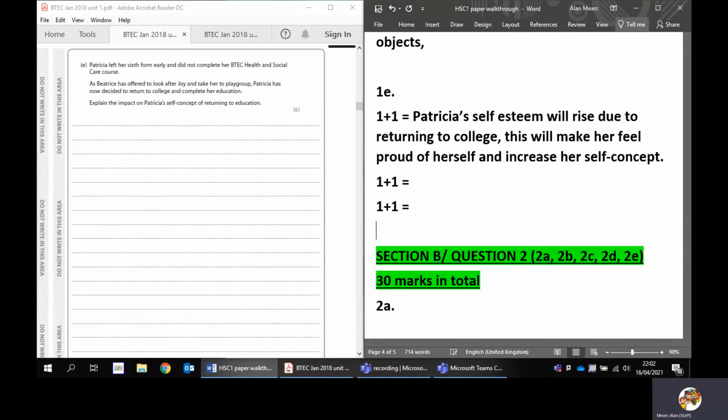We'll move that down. The second 1 plus 1 that we could come up with, maybe, we're thinking about how her self-esteem could be impacted upon. It doesn't say whether that's positive or negative.